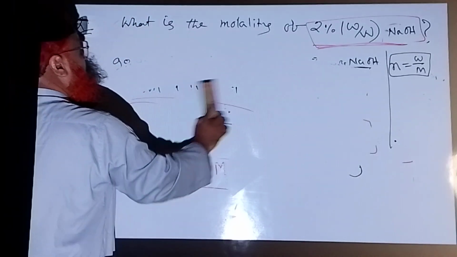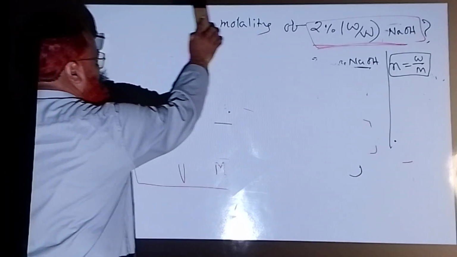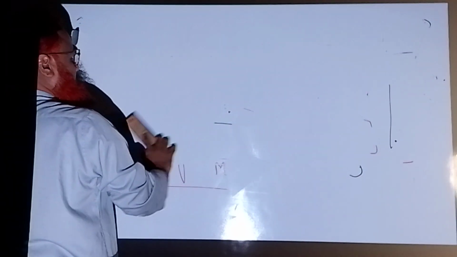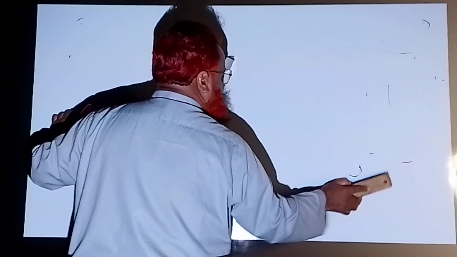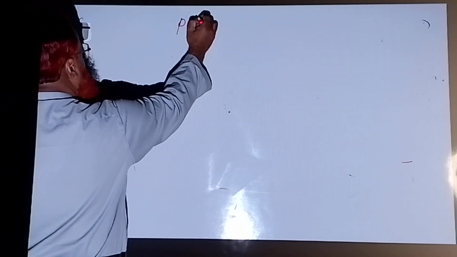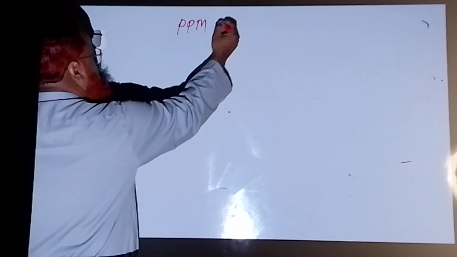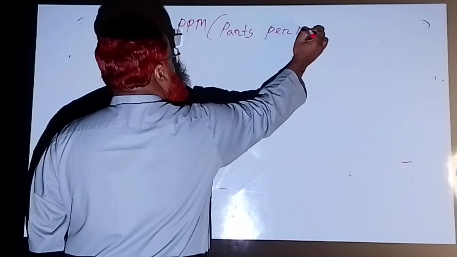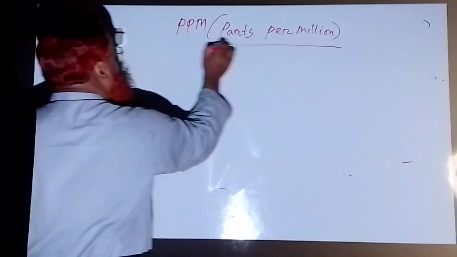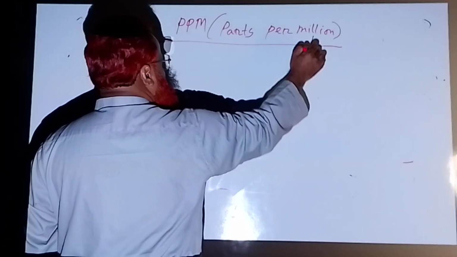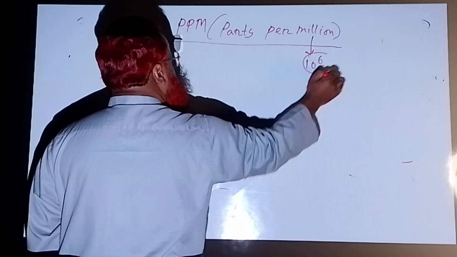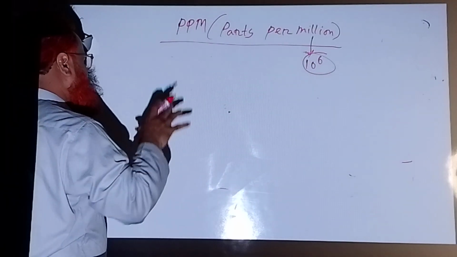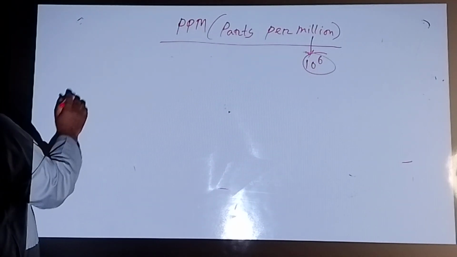Okay, we have done the molality definition and an example. Now, ppm concentration. ppm means parts per million, and you know that the multiplying factor for million is 10 to the power 6. So what should be the definition?